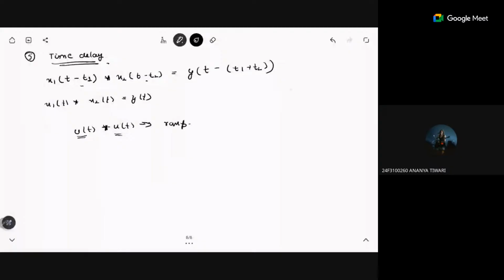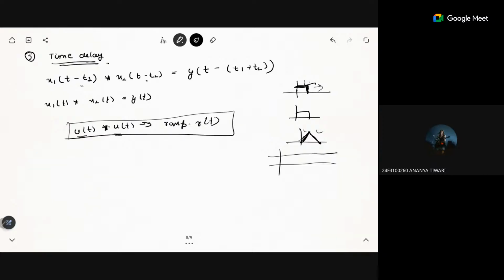That is why if you have rectangular pulses of equal width, you get a triangle, because it is just the combination of two ramps, an up ramp and a down ramp. If you have a continuous step signal convolved with another step signal, you always get a ramp, that is r of t. So now you know this.